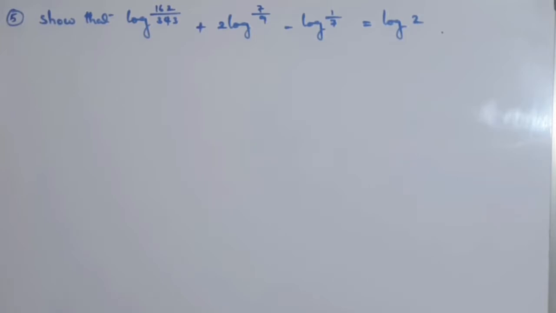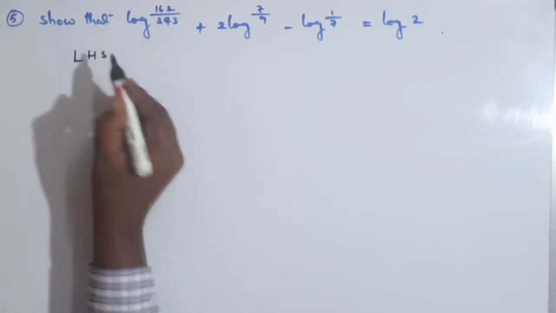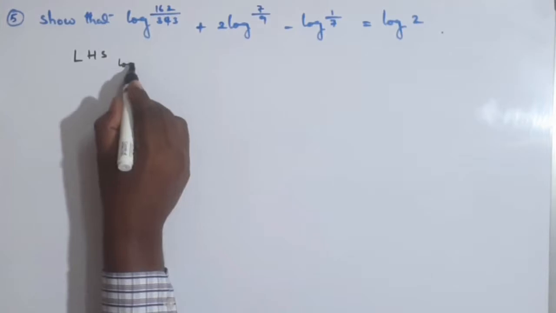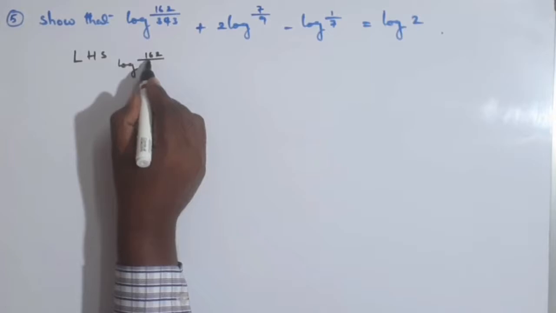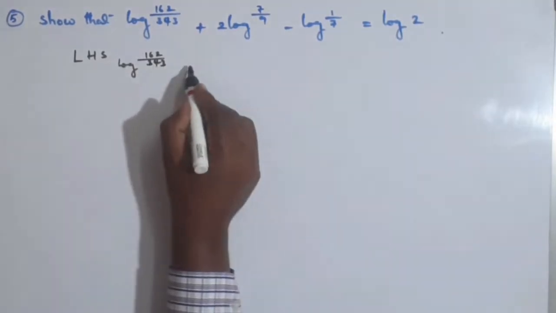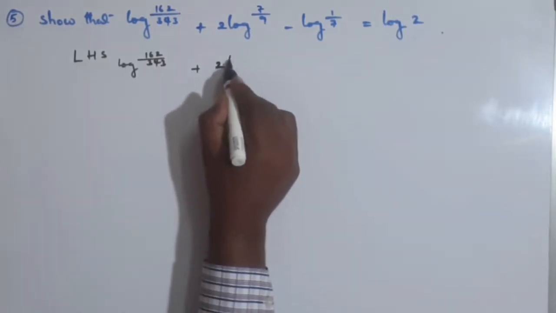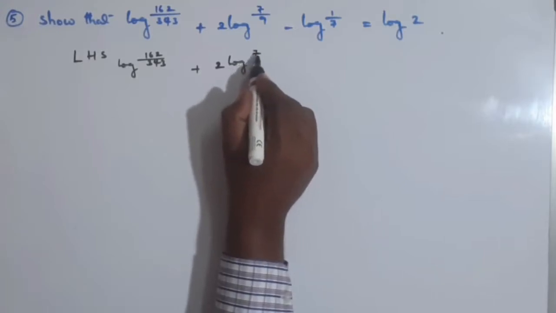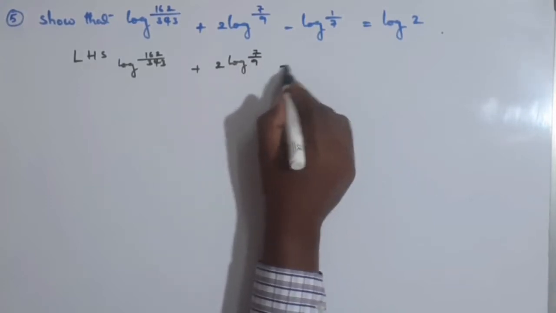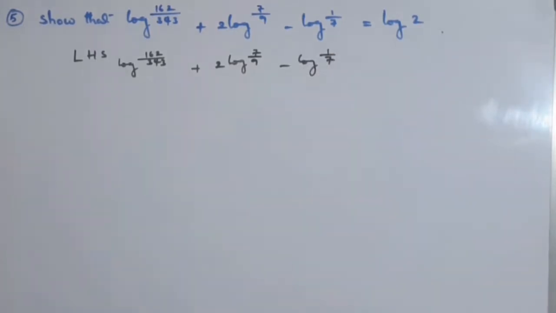Let me take the LHS: log 162 by 343 plus 2 of log 7 by 9 minus log 1 by 7, with base 10.